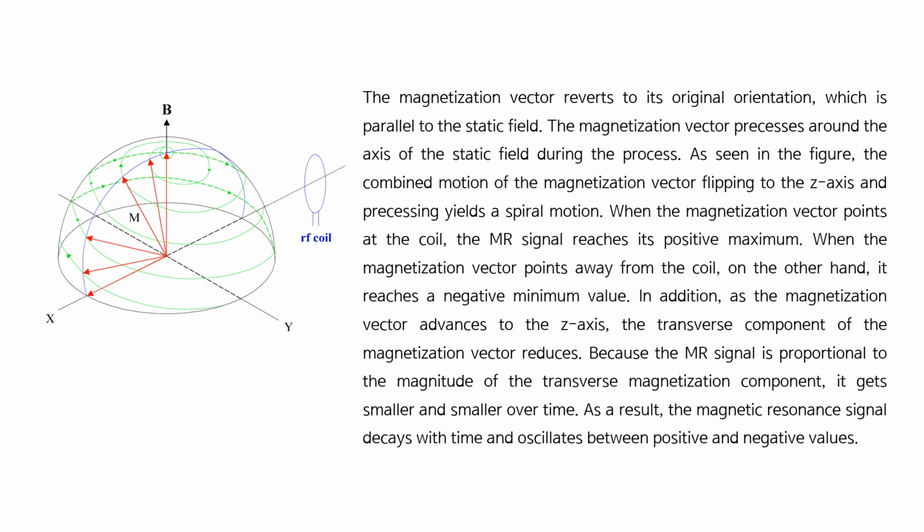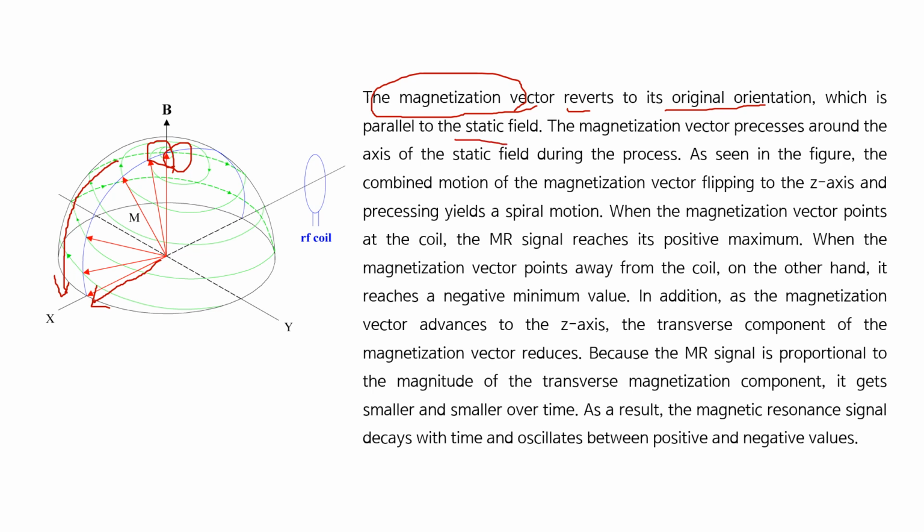The magnetization vector reverts to its original orientation. If we use a 90-degree pulse, then longitudinal magnetization is converted to transverse magnetization. And when the pulse is off, the magnetization vector reverts to its original orientation, which is parallel to the field.